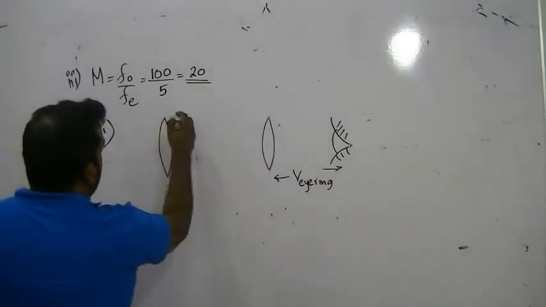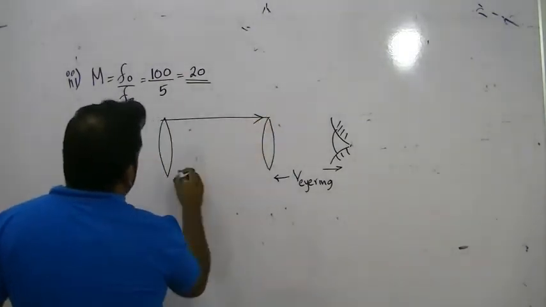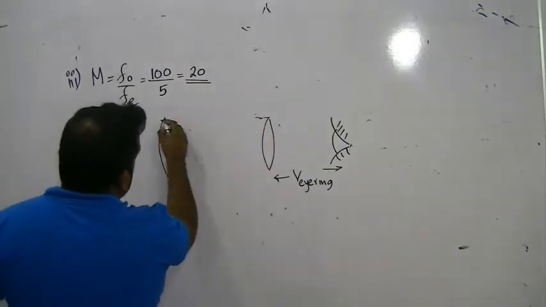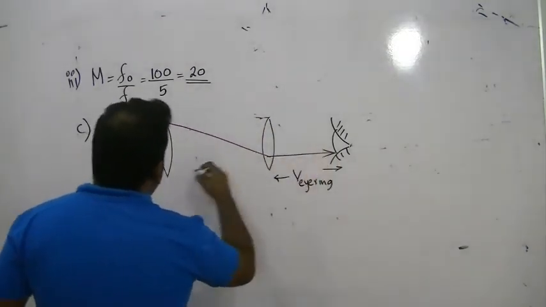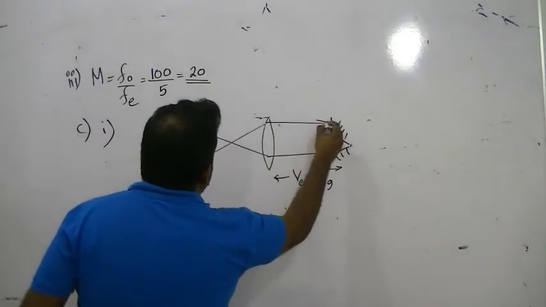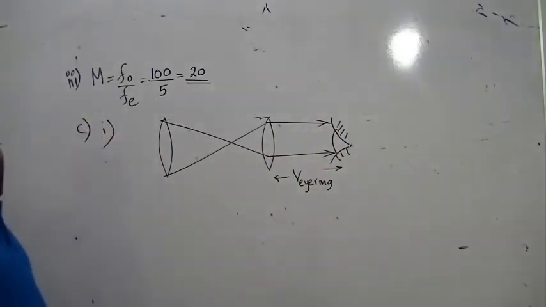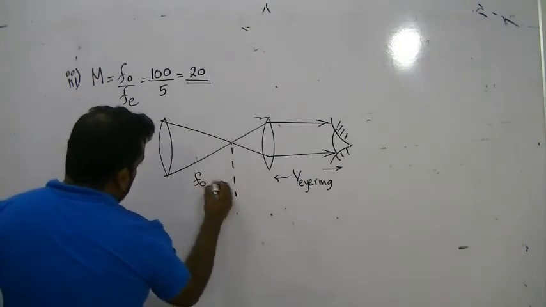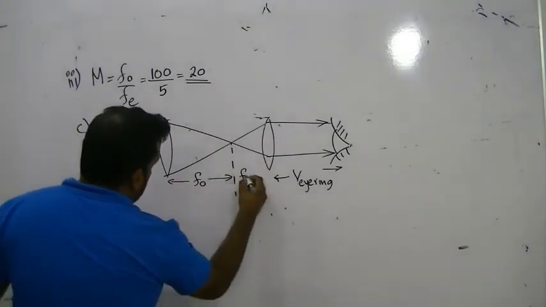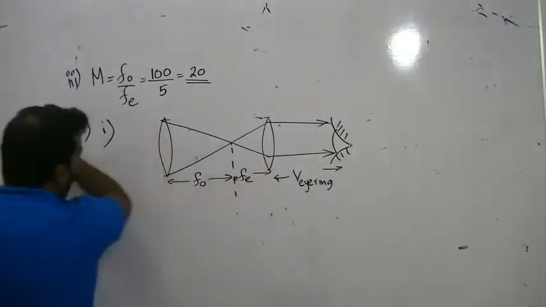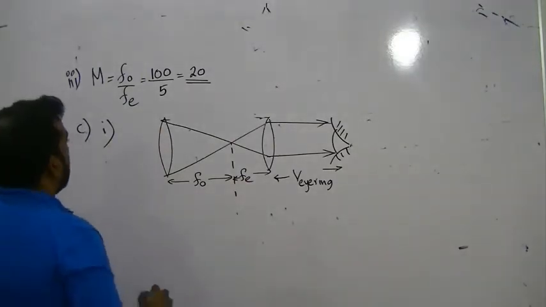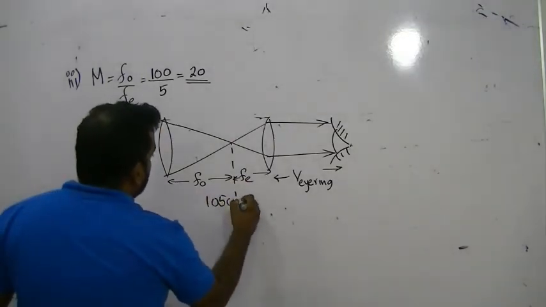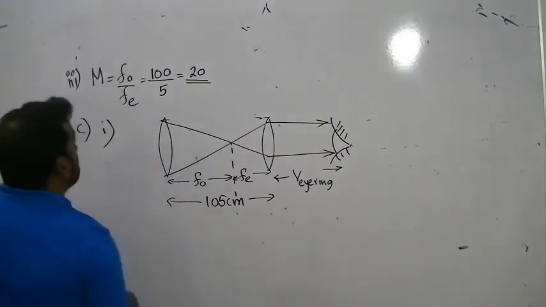What do you mean by the eye ring? Wherever you take the object, the light rays will seem to come from the objective lens. So don't forget, this is F naught, this is Fe, wherever the object is. This distance we can take as 105 centimeters.